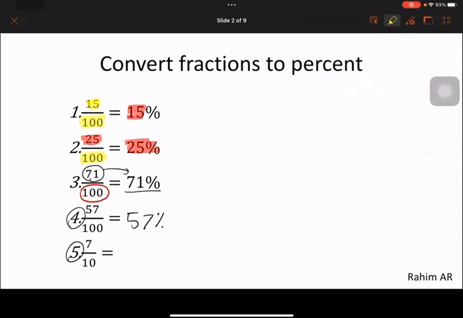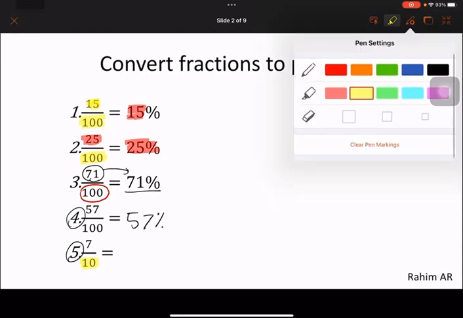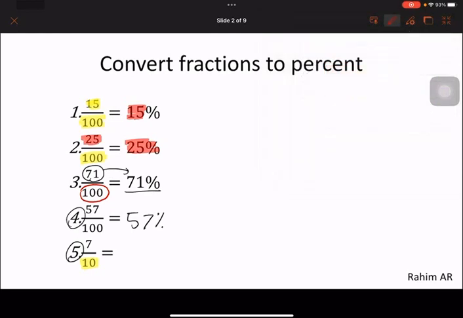Things are a little bit different because right now the denominator is 10. So is it possible for us to write 7 as our answer? 7%? The answer is wrong. We cannot directly write down 7. The answer is 70%.